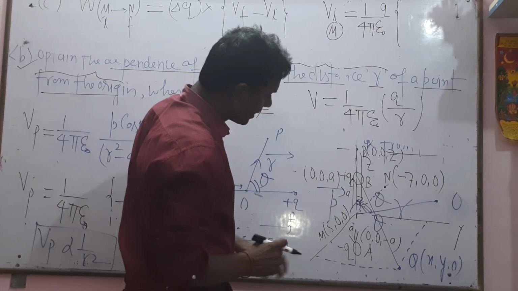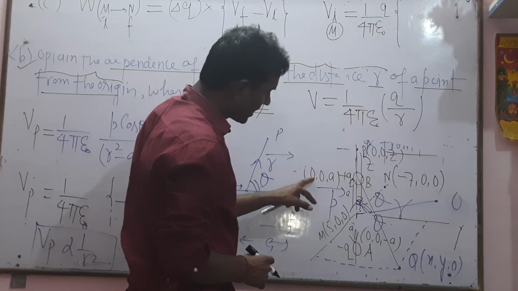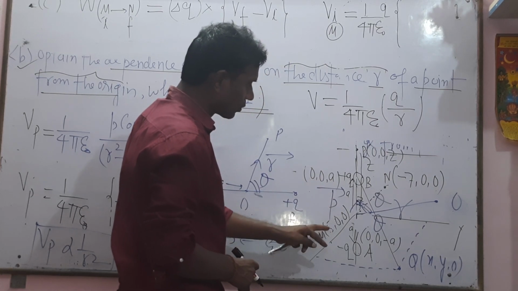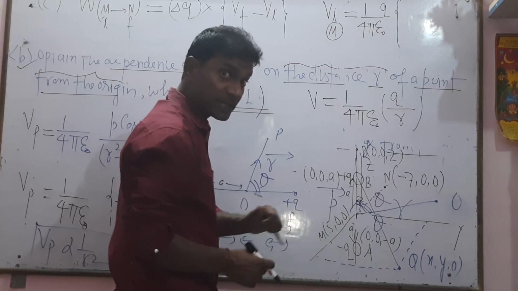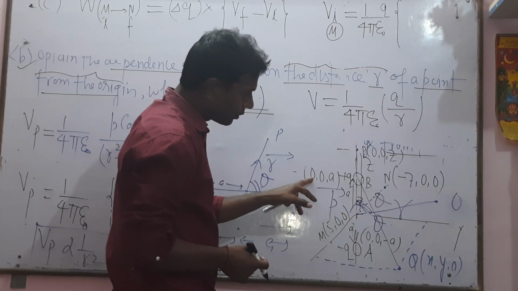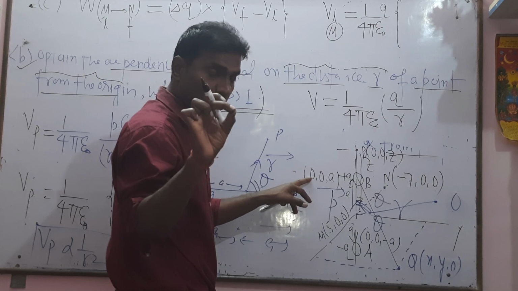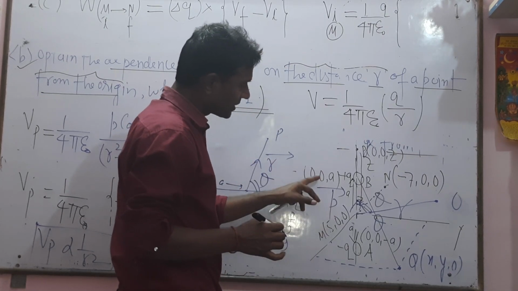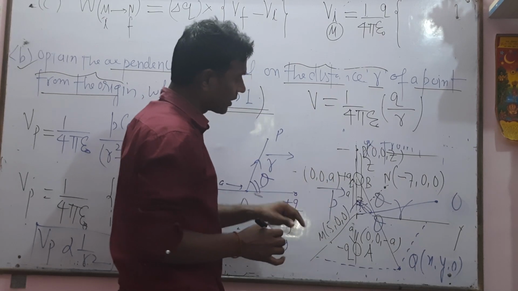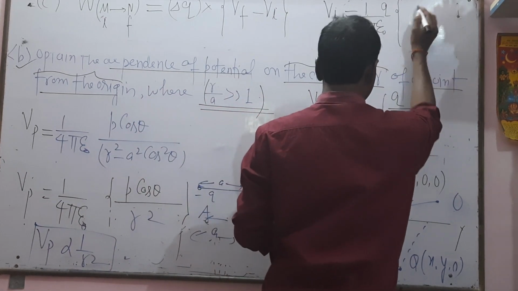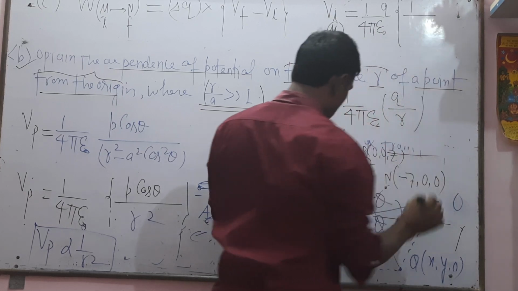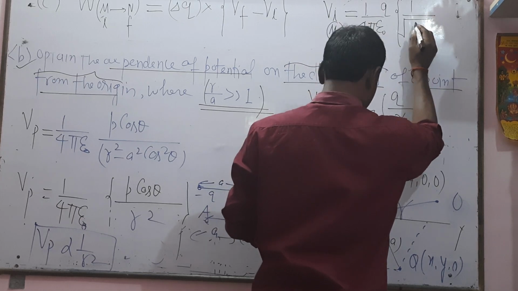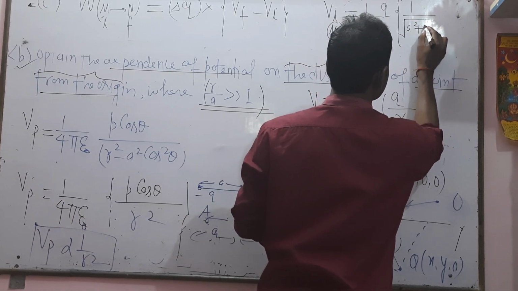So bm equals root of (5 minus 0) whole square plus (0 minus 0) whole square plus (0 minus a) whole square, the distance between two points in 3D. So 1 divided by root of a square plus 25.